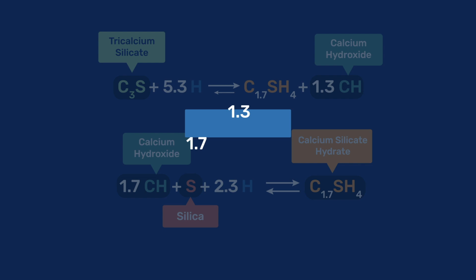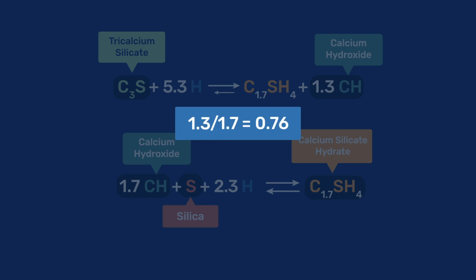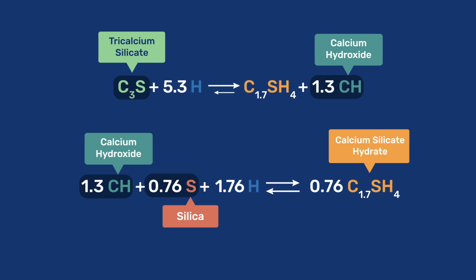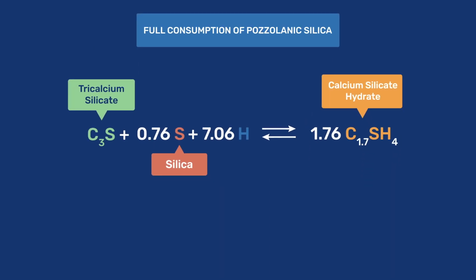So we need 1.3 over 1.7, or 0.76 moles of S to consume the 1.3 moles of CH produced by the hydration of 1 mole of C3S, which gives an overall reaction for the hydration of C3S coupled with a complete pozzolanic consumption of CH as C3S plus 0.76 S plus 7.06 H gives 1.76 C-S-H.